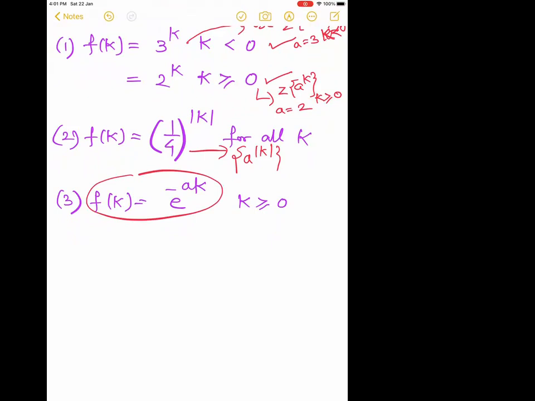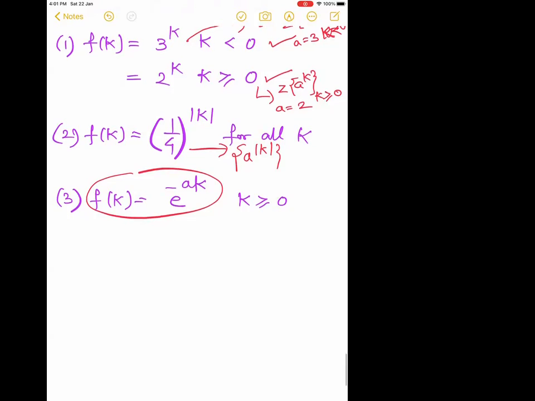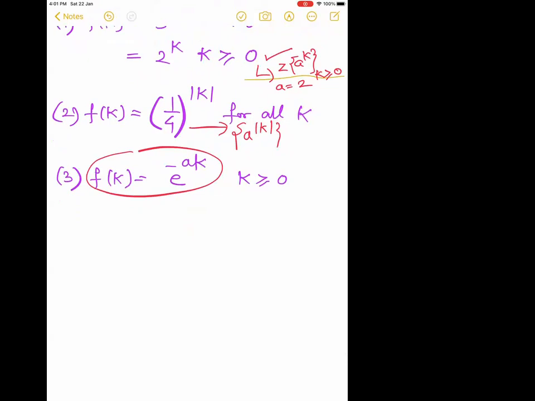So if anyone has solved it, then come up and you can share your screen. Otherwise, I'll just tell you how to get the answer for this. Anyone has got the answer for this e raised to minus ak? Okay, let me do.